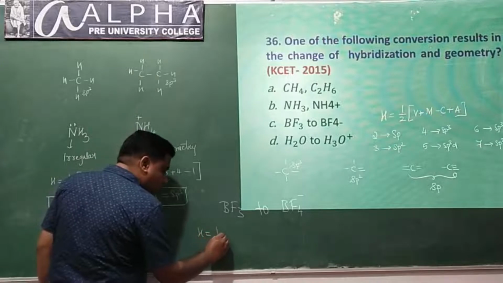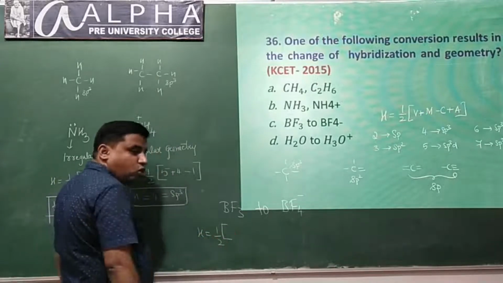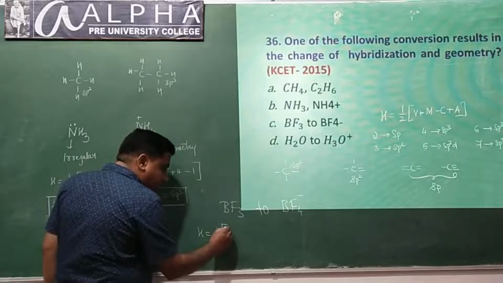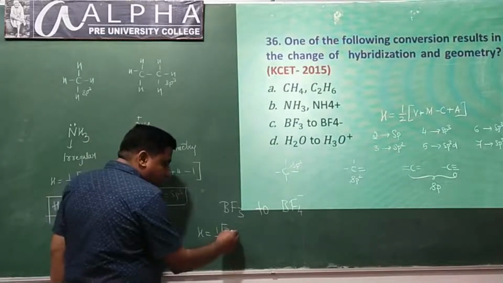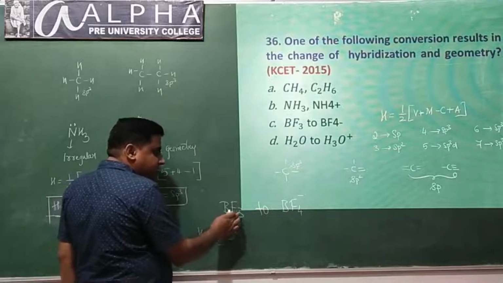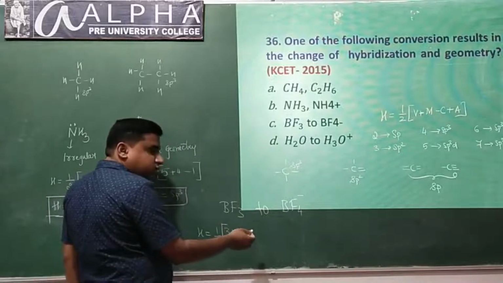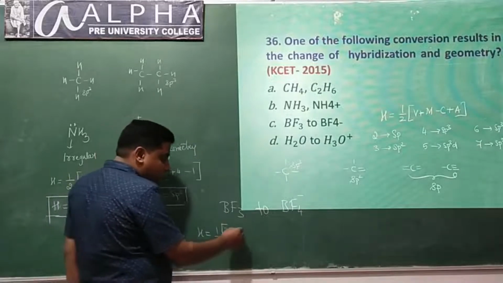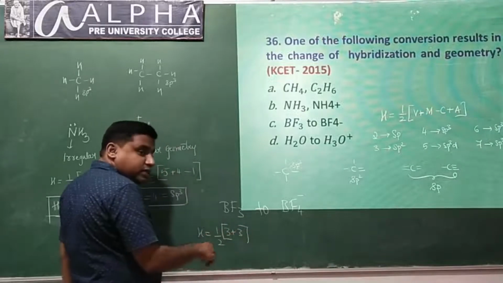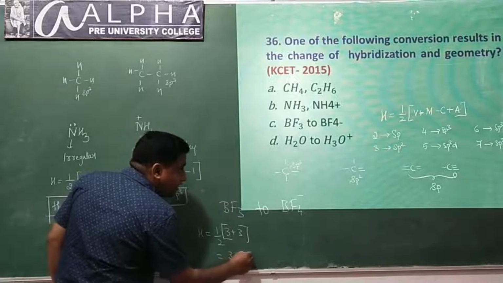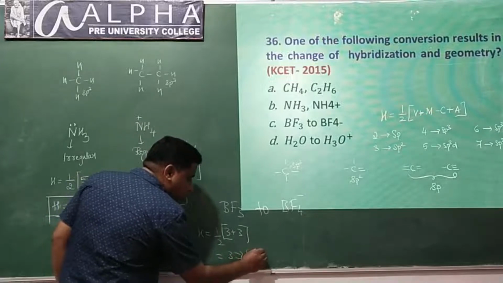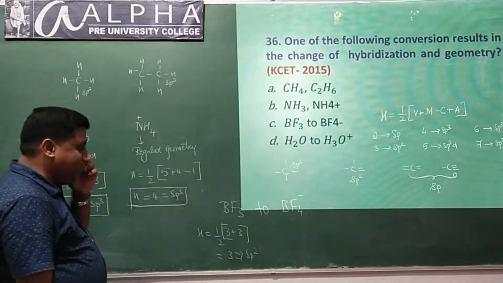H is equal to half of, boron belongs to the 13th group, so the total number of valence electrons is 3. Number of monovalent atoms is 3. Total positive charge is 0, total negative charge is also 0. So 3 plus 3 is 6, half of 6 is 3. 3 means sp2 hybridization.